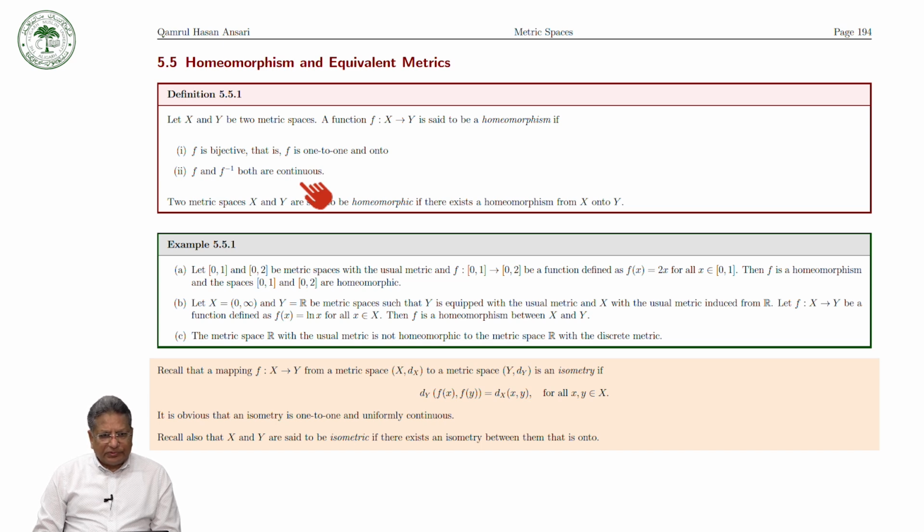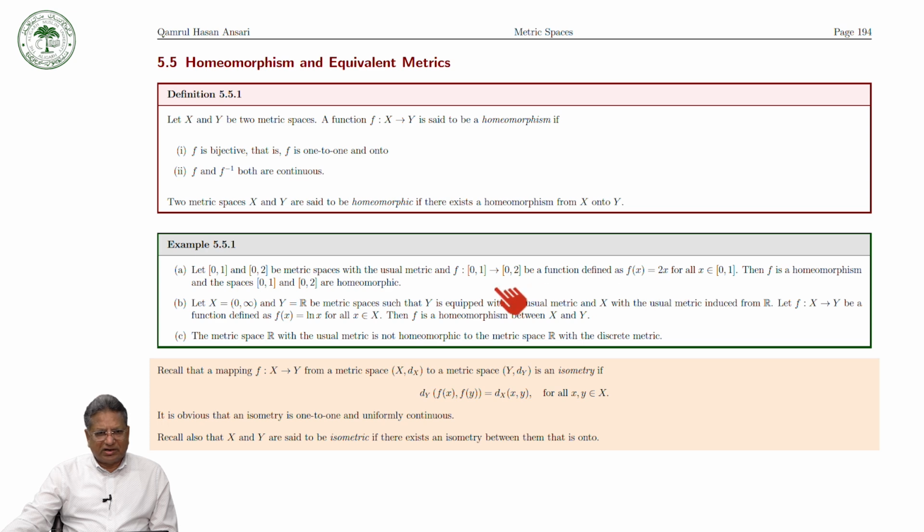Take the examples. Suppose the closed interval [0, 1] and the closed interval [0, 2] are two metric spaces with the usual metric, and define a function f from [0, 1] to [0, 2] by f(x) = 2x.